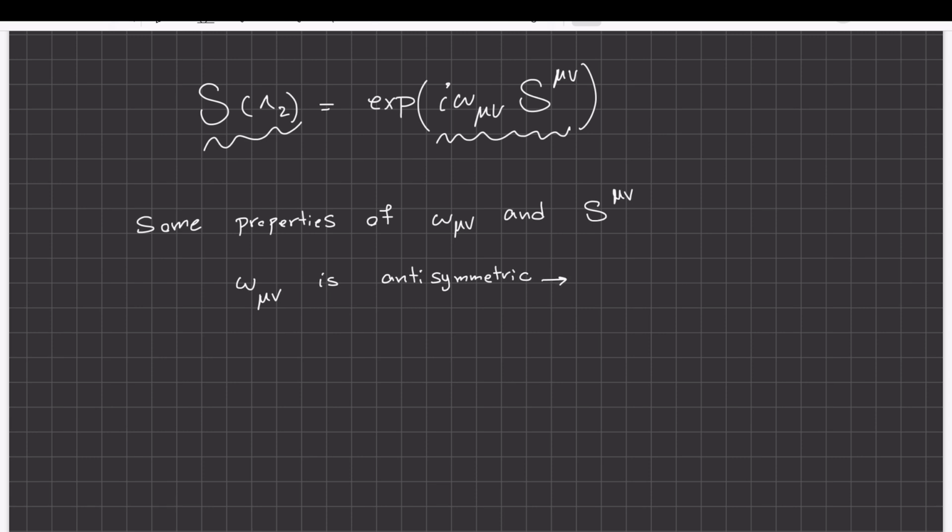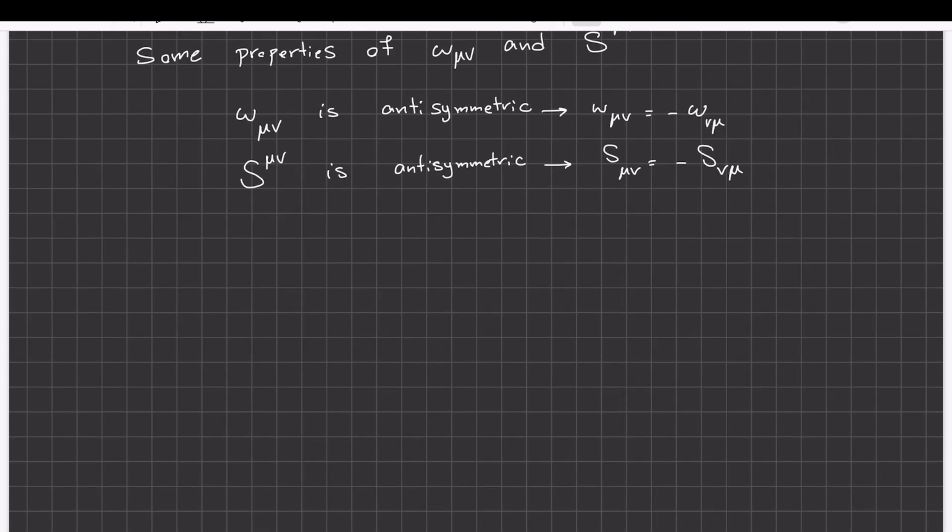There are some properties of omega mu nu and S mu nu, which is that they're both antisymmetric. So omega mu nu is equal to minus omega nu mu, and S mu nu is also antisymmetric. You can prove that S mu nu is equal to minus S nu mu when we are exchanging the indices, and it's going to be very helpful.